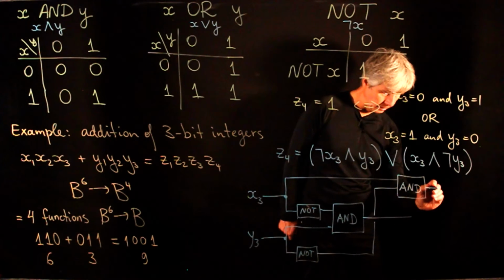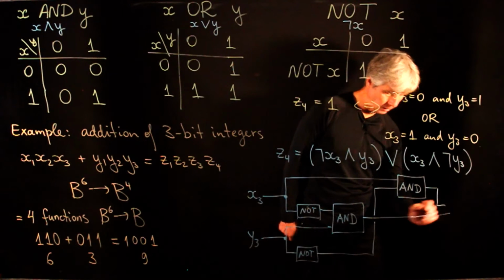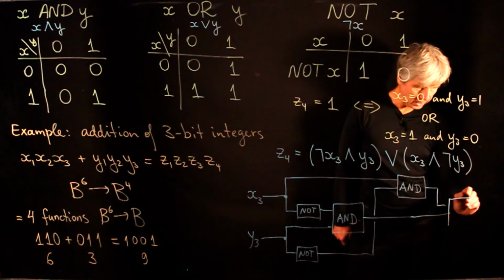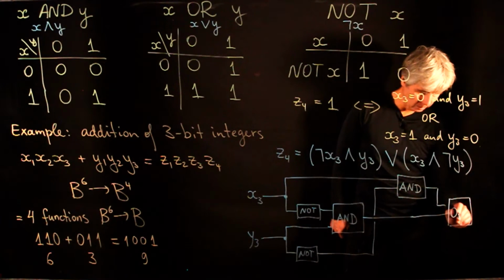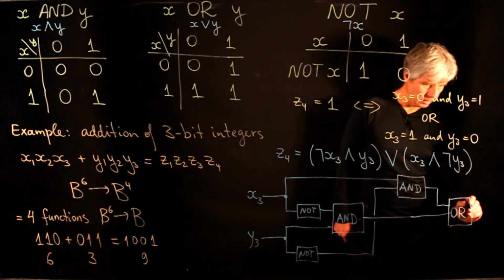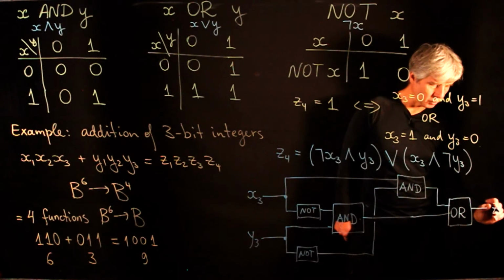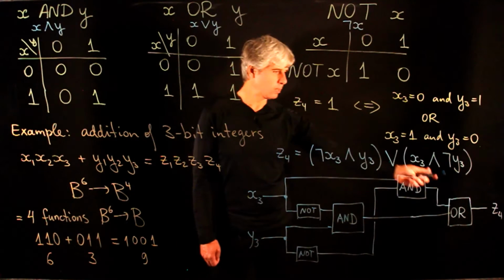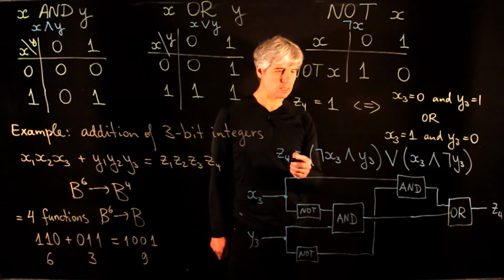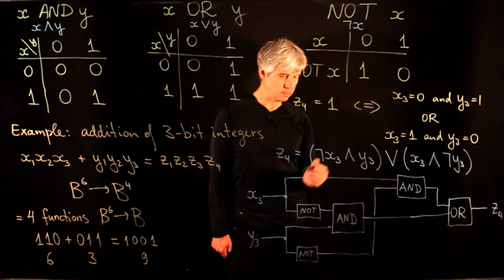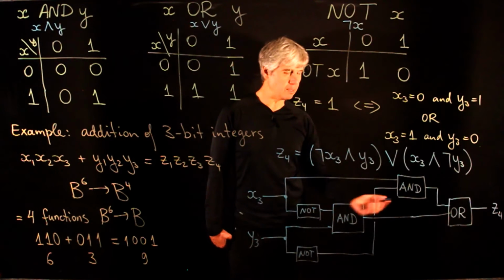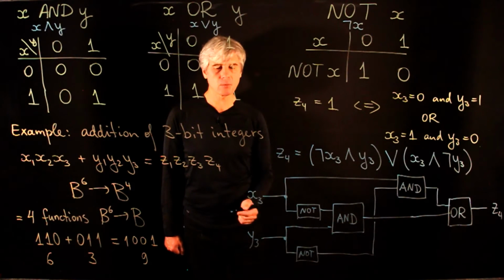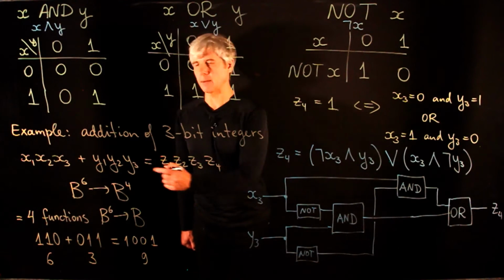And finally, on the outputs of these two ANDs, we put an OR gate. And so this will be the output, will be our Z4. So this is the circuit that represents this Boolean function. And so this is a computational scheme for computing the Z4 bit of this sum.